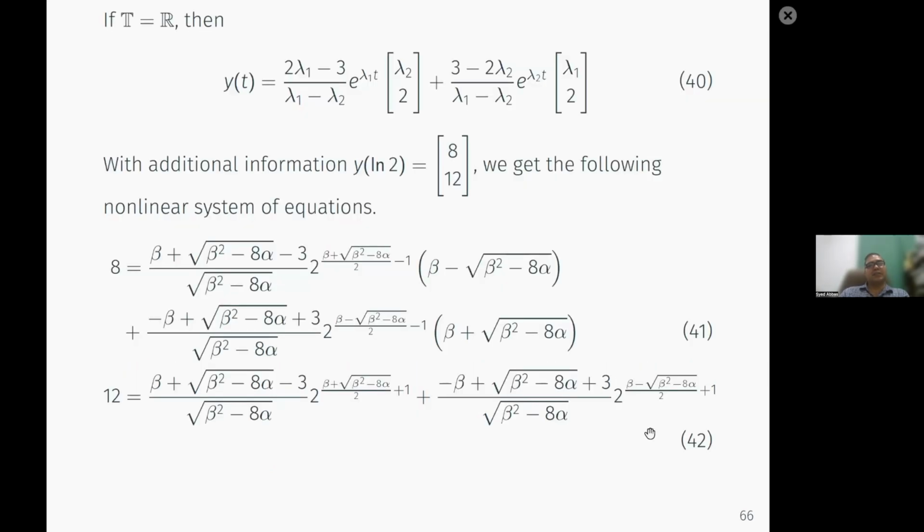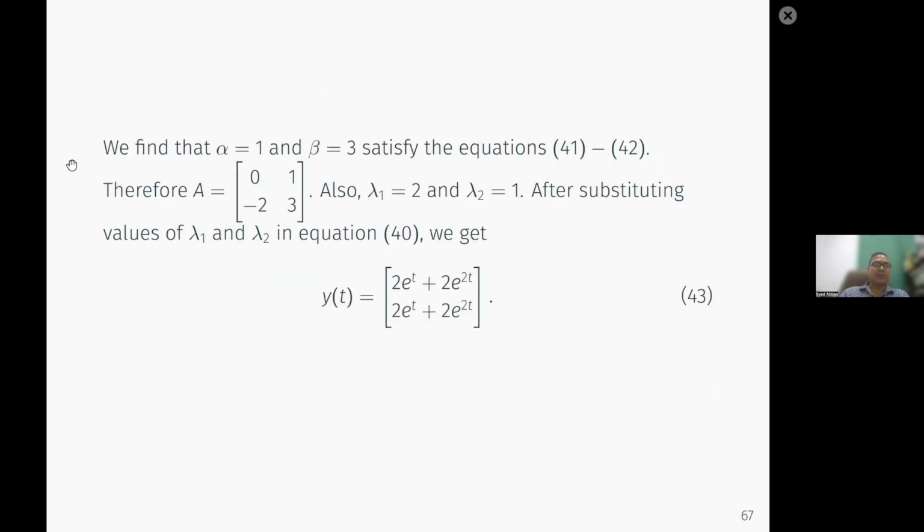So in this case, if we choose this time scale as R, then we actually get these equations, relations. y(t) is given by these, with additional information that y(log 2) is 8, 12, and then we get the following nonlinear system of equations. So these are the equations, and we can solve by just looking and using some tools.